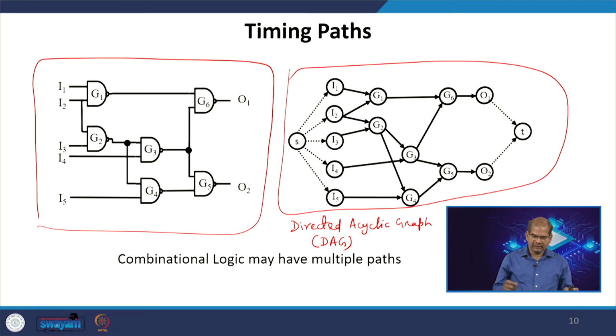If you can see here, we have a source node and each of the primary inputs. I1 to I5 are the primary inputs, O1 and O2 are the primary outputs.